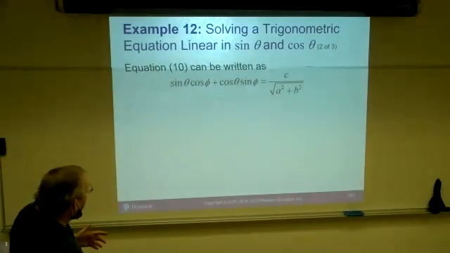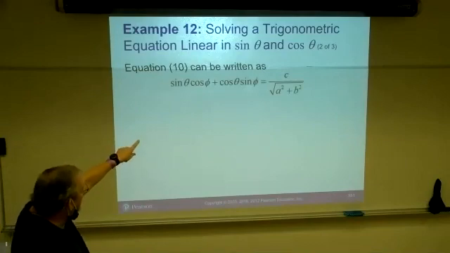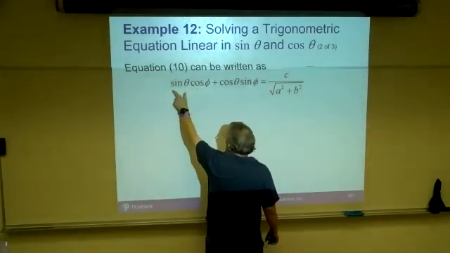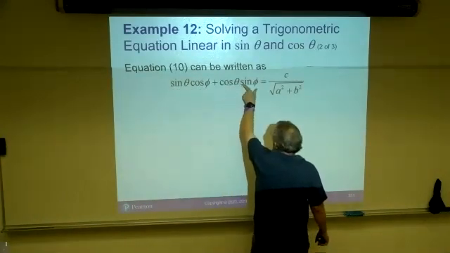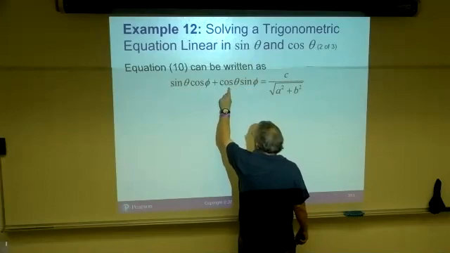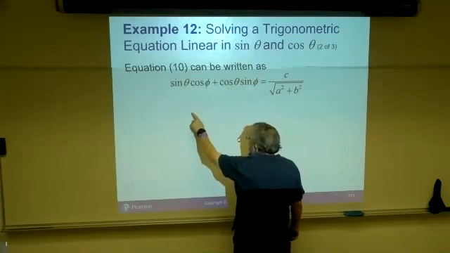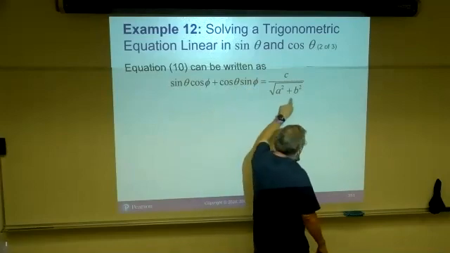And so equation 10 can be written that way. That equation can be written this way. Because now cosine of phi is what the coefficient of sine theta was, and sine of phi is what this coefficient was. And so now, sine of theta plus phi equals this monster.